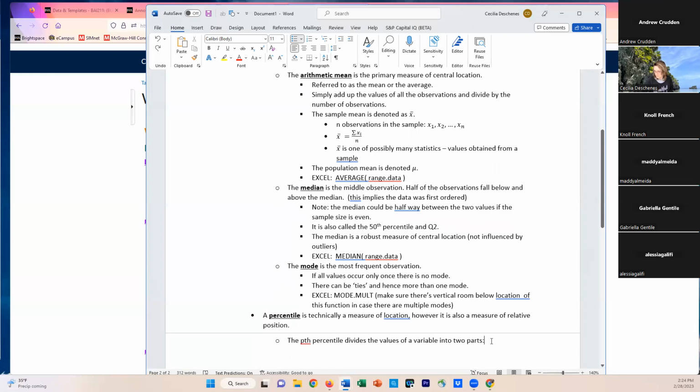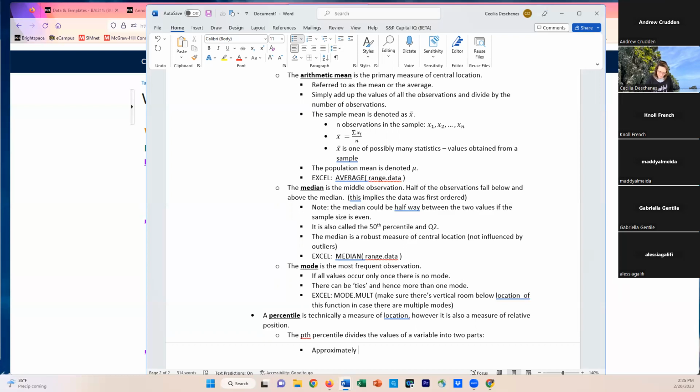I just lost my bulleting, so what I'm doing is going back to the previous bullet, hitting return, and then hitting tab here so that I get the bulleting structure in Word kicking back on. That's just a Word thing.